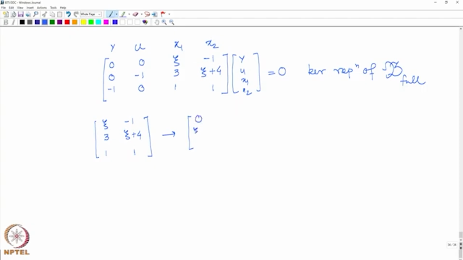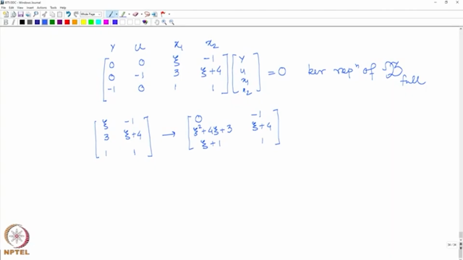This entry is then xi squared plus 4 xi plus 3, this will be xi plus 1, and this is minus 1, xi plus 4 and 1. So it looks very similar to what we had done before. When I try to find the maximal left annihilator, the same logic applies. This is a 3 cross 2 matrix, so only one row is enough. One row of size 3 is enough to get me the maximal left annihilator, provided that there are no common factors between those 3 entries in that row vector.